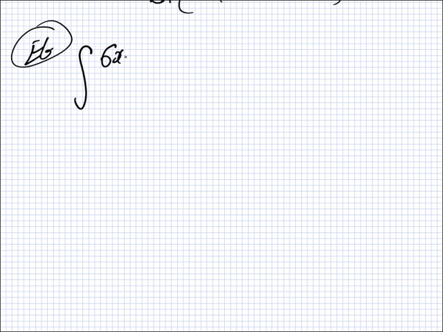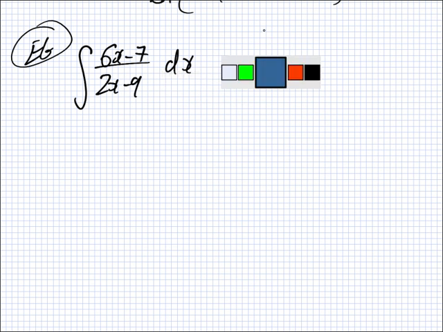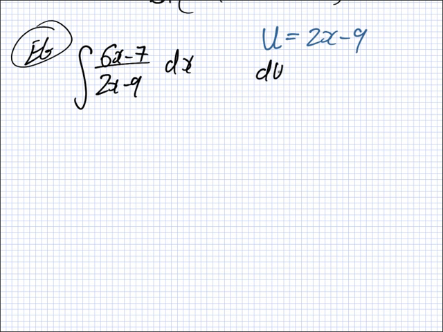Integrate 6x minus 7 over 2x minus 9 dx. What do you think we make u equal to here? 2x minus 9. Yes. So what is du dx? 2. So what is dx? Du over 2. Good.